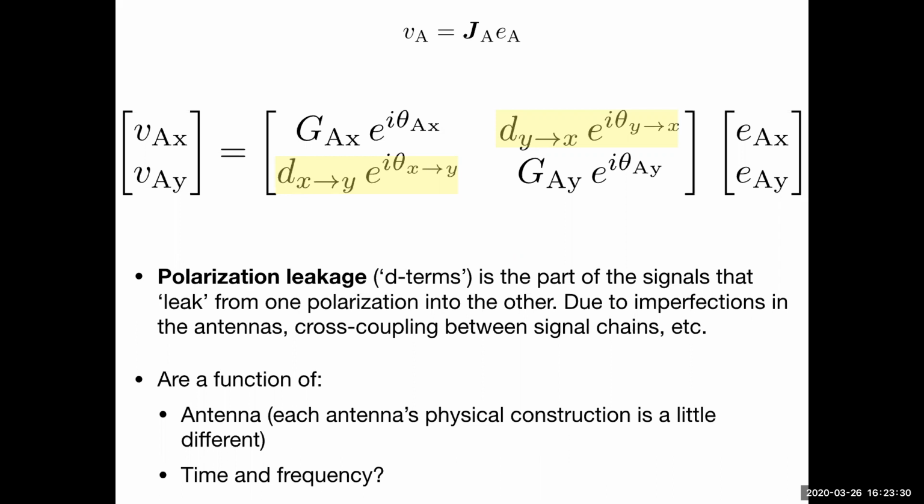I don't actually know if they have time or frequency dependence. I've not dug deeply enough into leakage terms to know what kind of time or frequency effects there might be. Frequency effects probably, because you can imagine certain flaws, like maybe the shape of the dish is flawed, and that scales with wavelength in terms of optical effects. But time, I don't know actually.